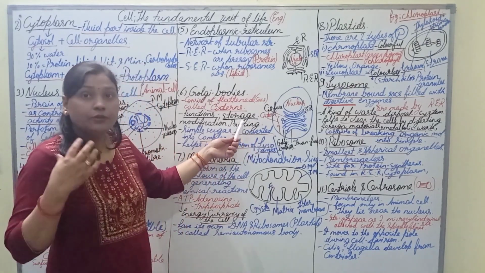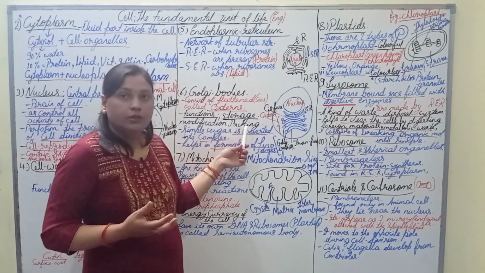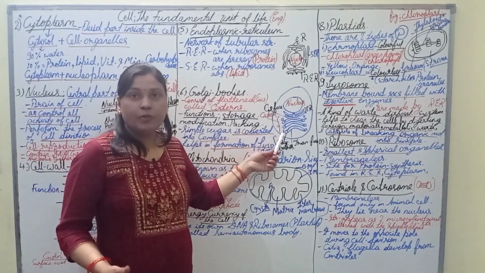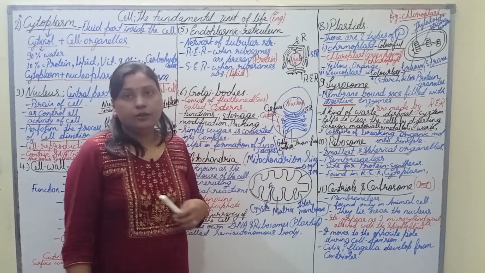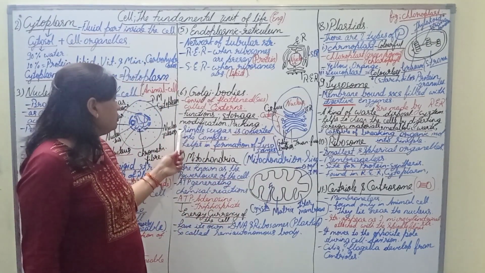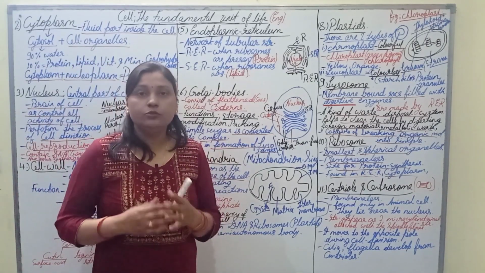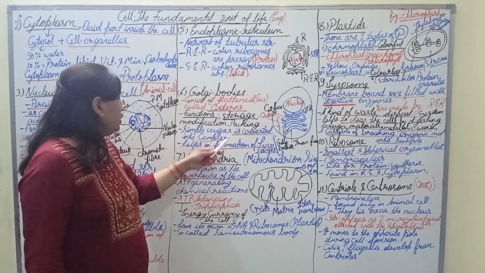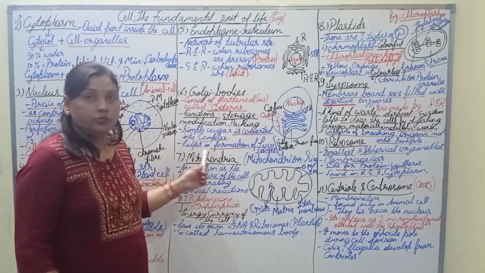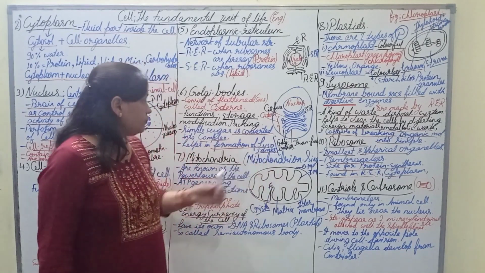Whenever they are required by the cells, they modify them, pack and dispatch them to the different target parts of the cell. Another function is the conversion of simple sugar into complex sugar, and the third important function of the Golgi body is that it helps in the formation of lysosomes.